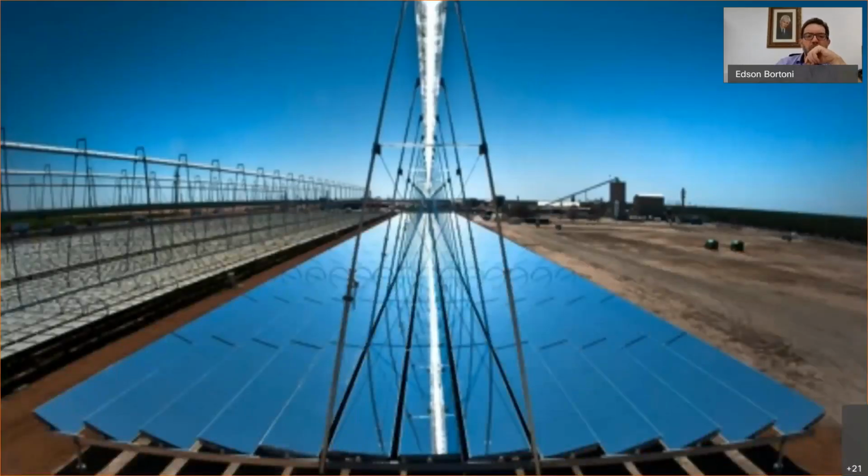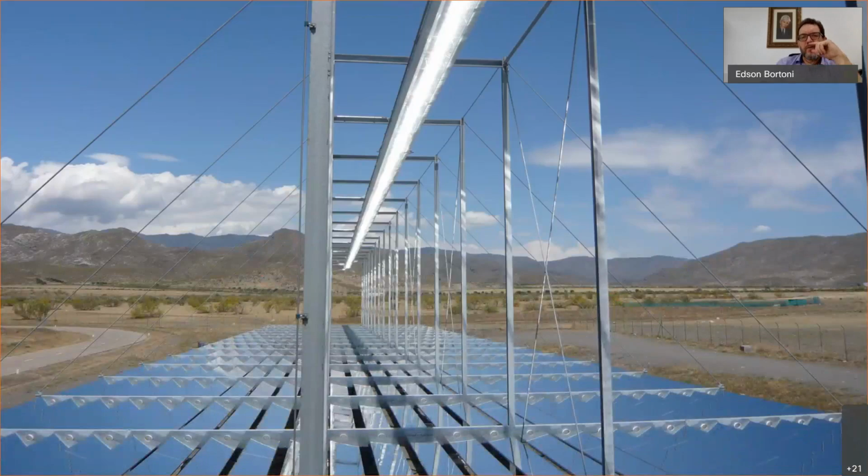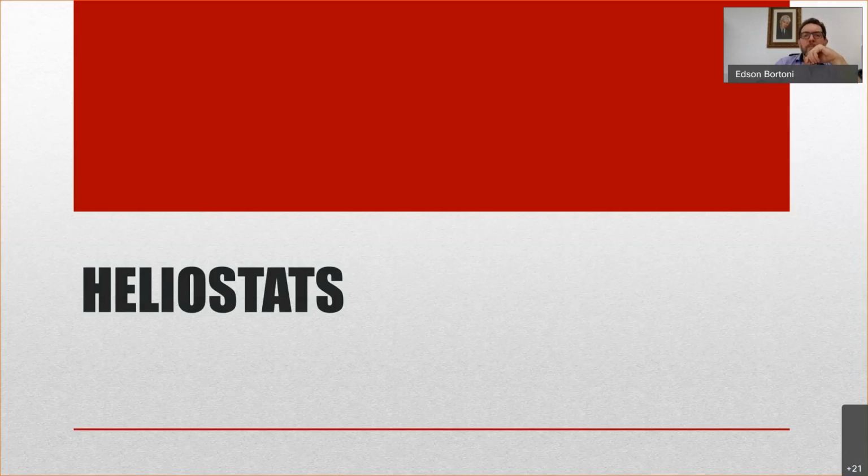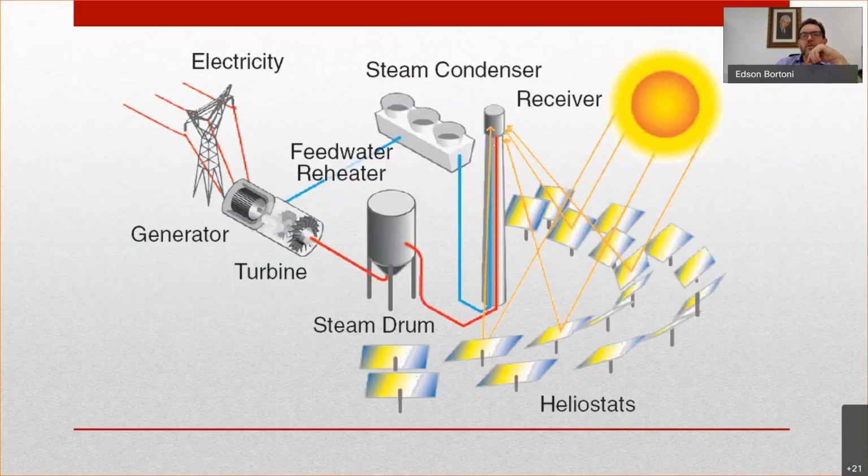There are some applications. Heliostats technology: you also have mirrors pointing to a single point. So this point is very hot because of the mirrors pointing to it. You can take water here at low temperature, and after passing by this point, have water at very high temperature, so you can go to the Rankine cycle.